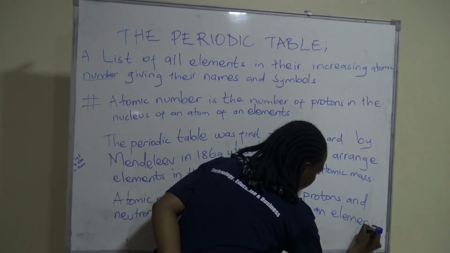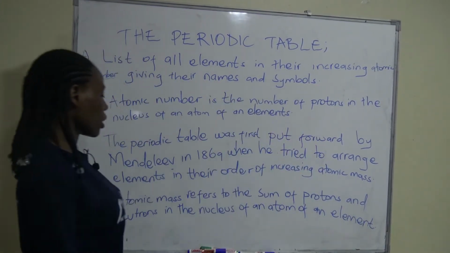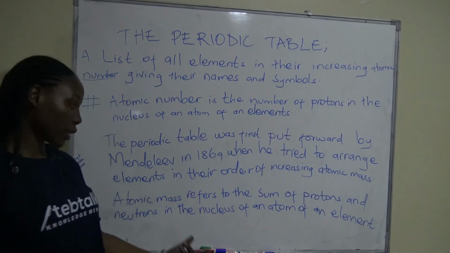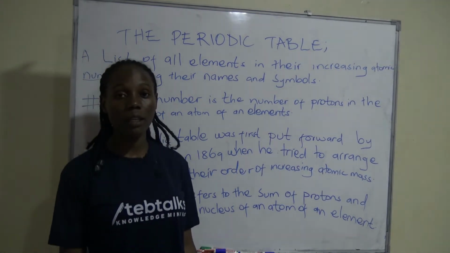That is how we define the atomic mass, which is the sum of protons and neutrons in the nucleus of an atom of an element.